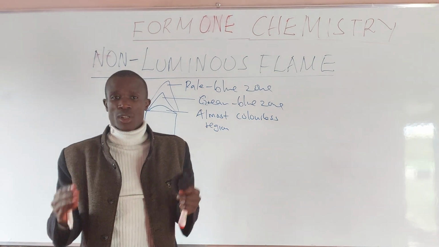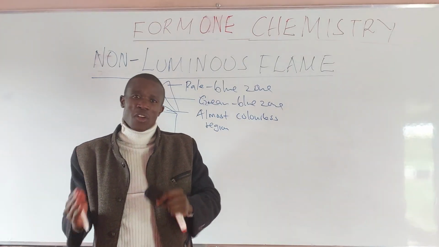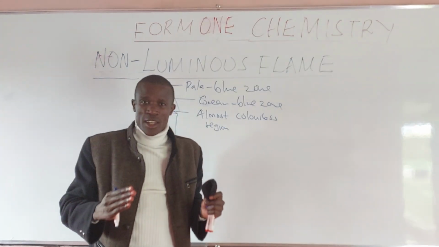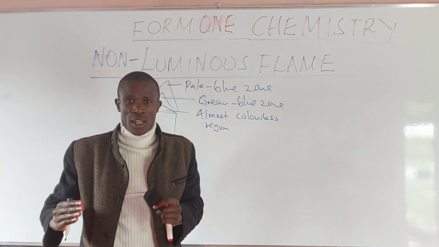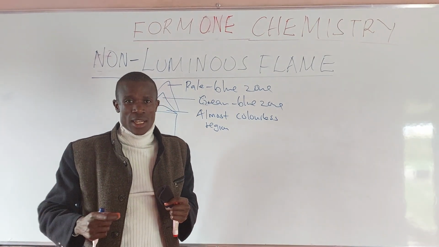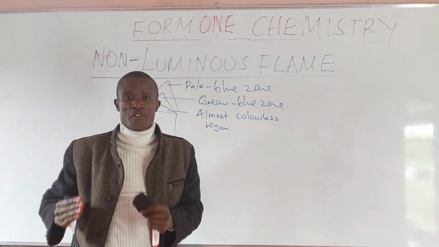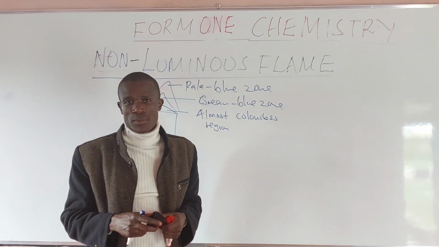But sometimes we are told that once you are done with the non-luminous flame, it must be converted to luminous to avoid wastage of fuel because it burns in excess oxygen, utilizing a lot of fuel. Again, we can have this reason. Luminous flame is more visible, non-luminous flame is less visible. So we are told we convert non-luminous flame to luminous to avoid fire accidents.